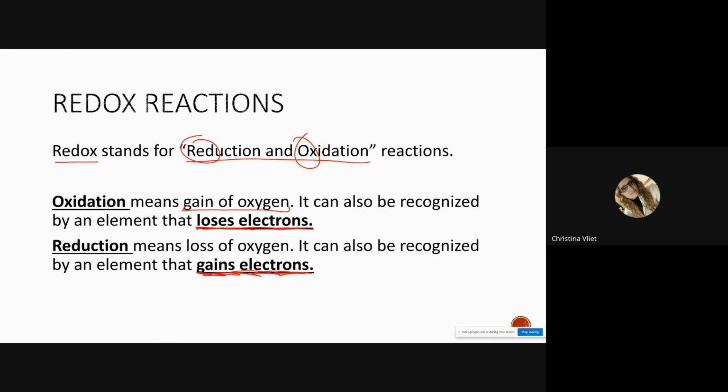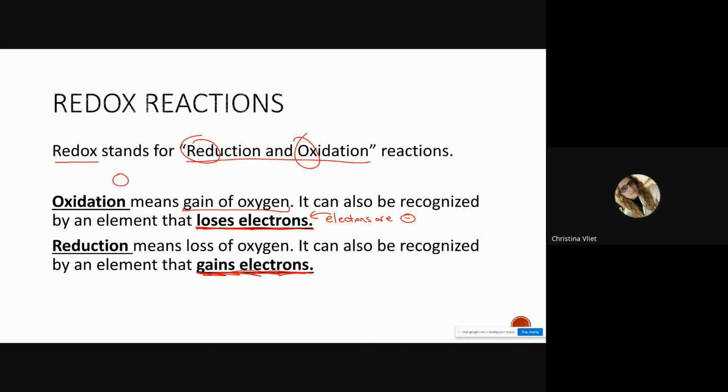This is one of those concepts that a lot of people don't love because you're working with electrons. Electrons are negative, right? And so if you lose electrons, that means your charge actually becomes more positive.